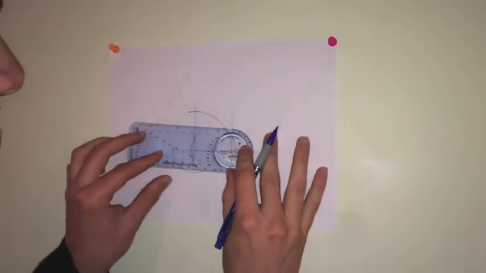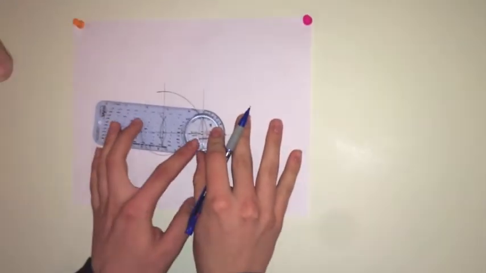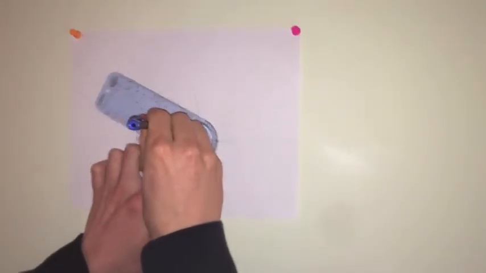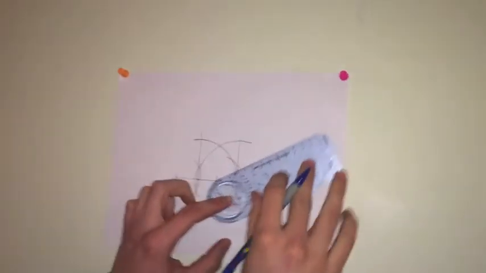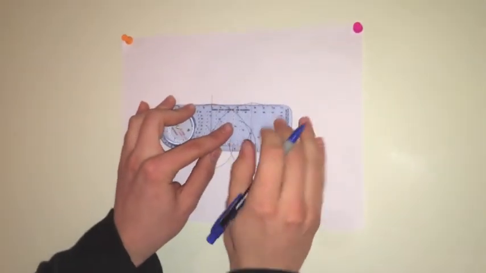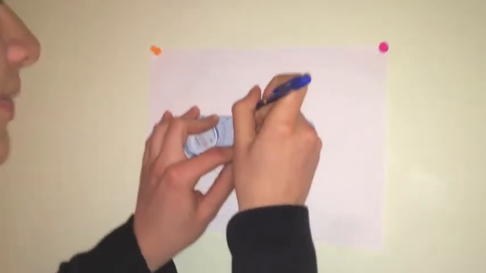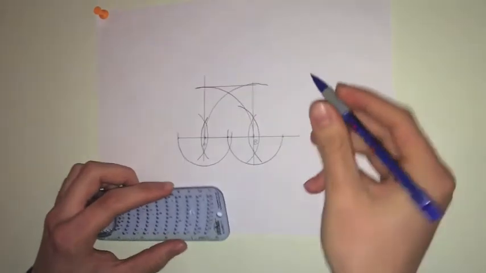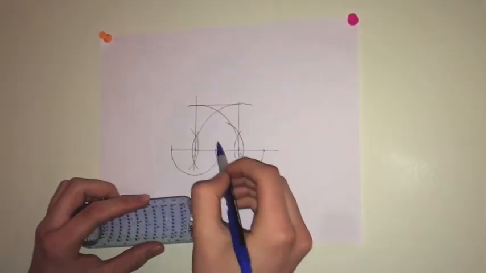Do the same exact step as you did here. So now you can complete your square by drawing a line that goes through these points that you've just made. There you have it. Perfect square.